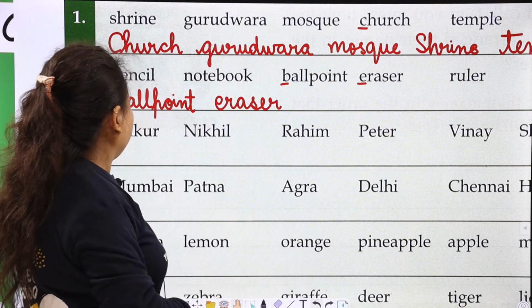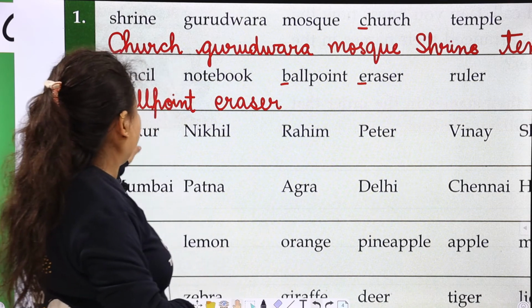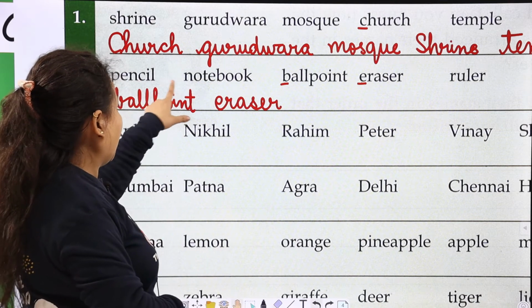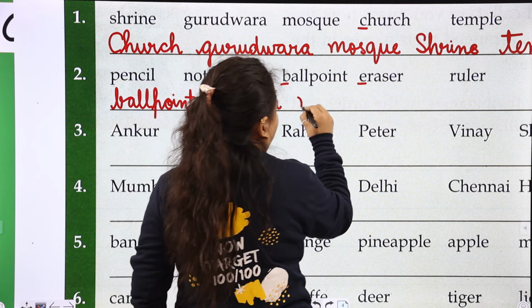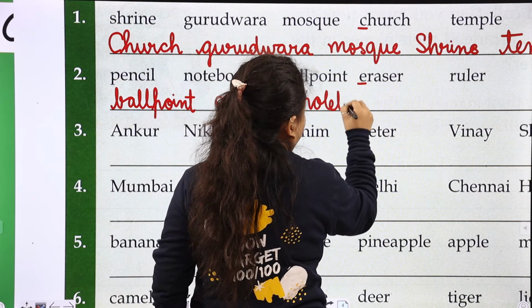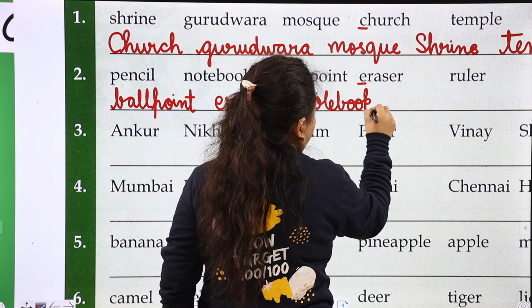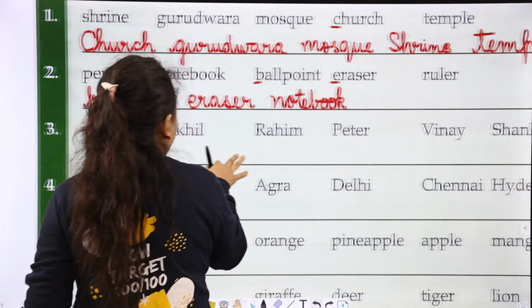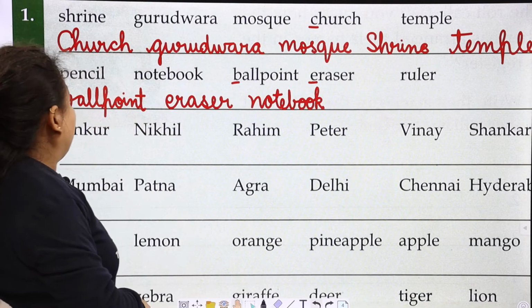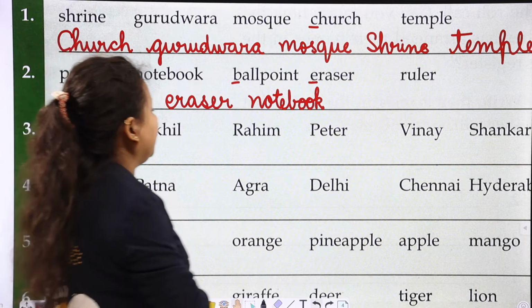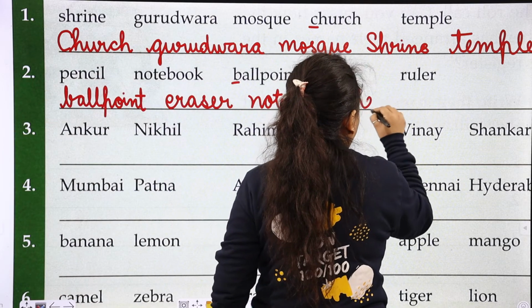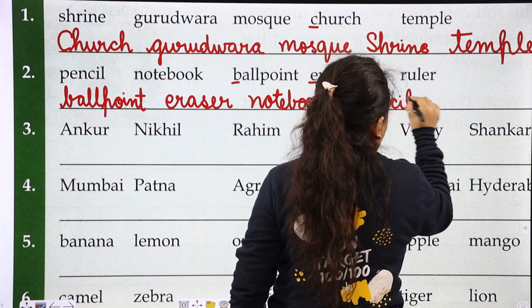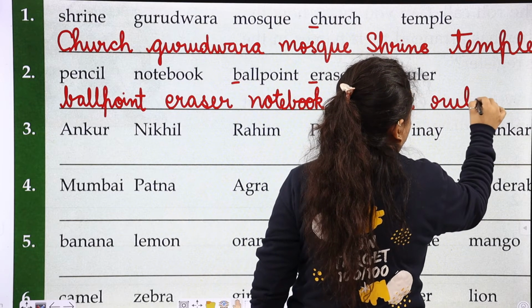F, G, H, I, J, K, L, M, N. It means notebook. N, O, P. It means pencil. And the next is ruler.